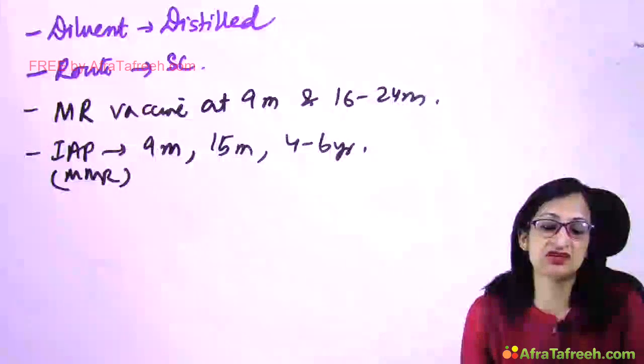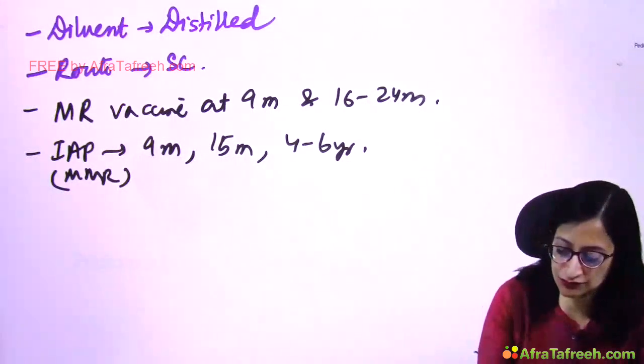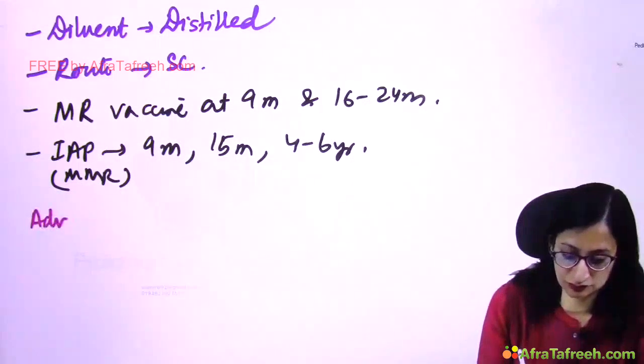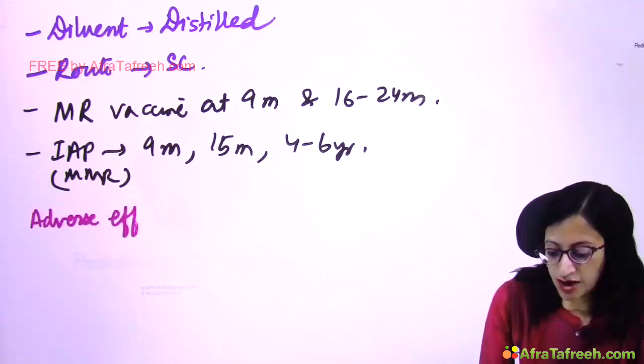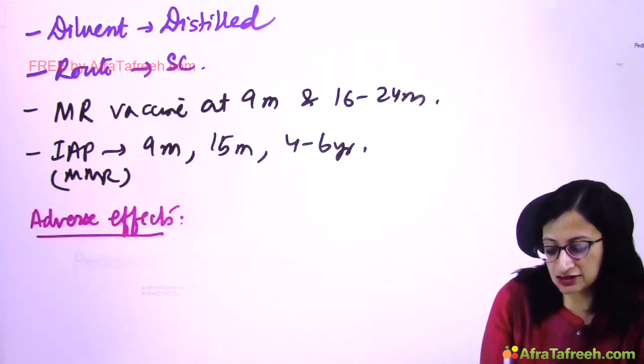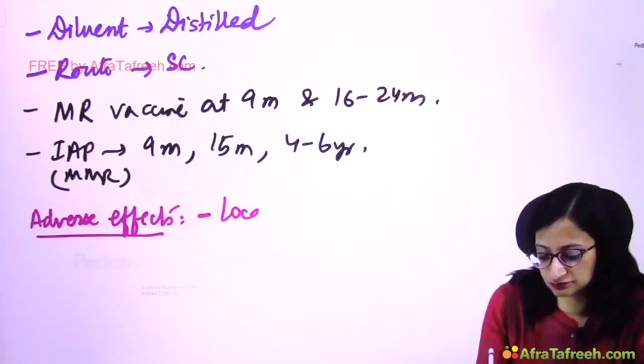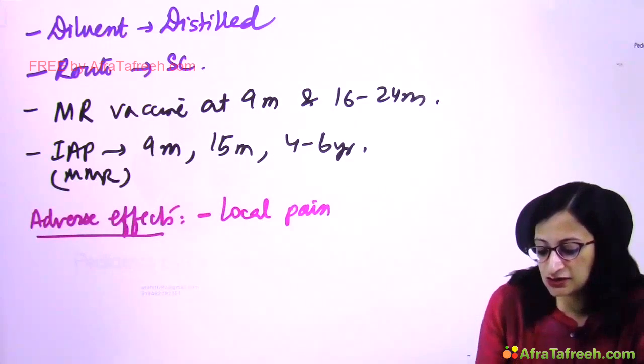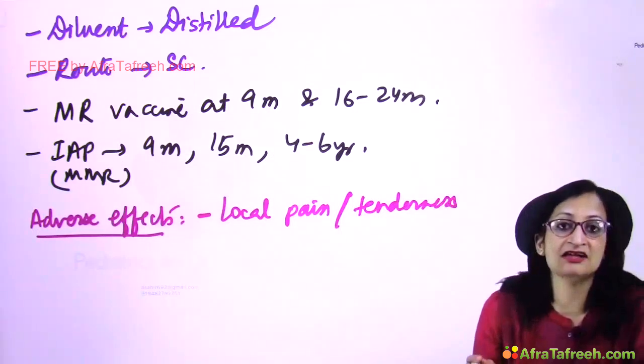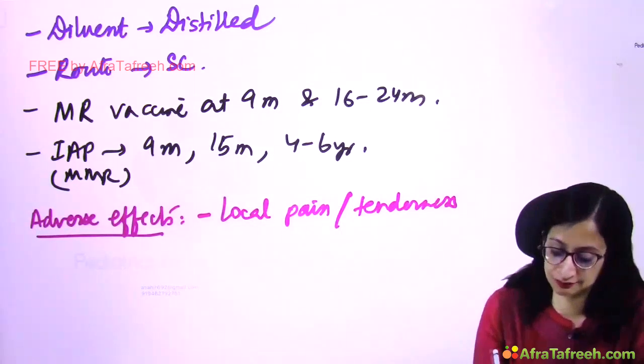Some important side effects of measles vaccine or adverse effects. Apart from local pain and tenderness, there can be a mild measles-like illness and there can even be thrombocytopenia.